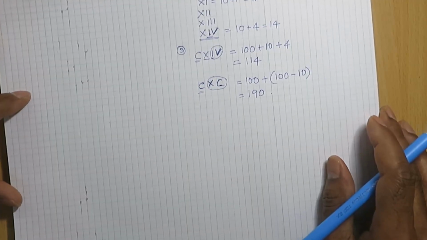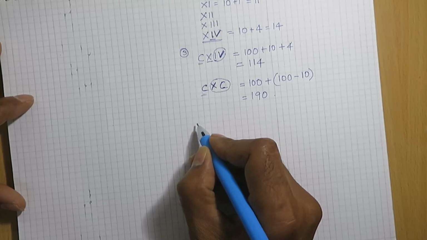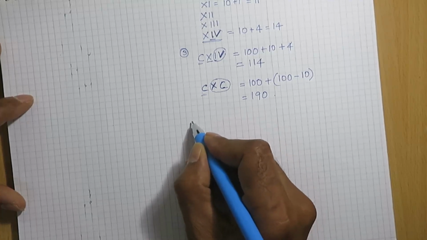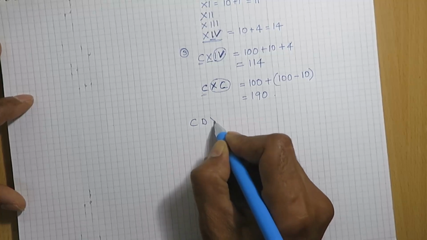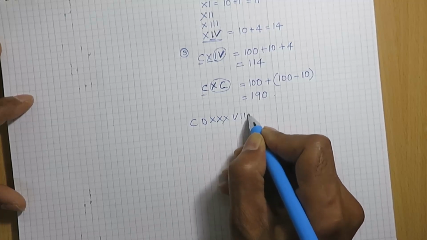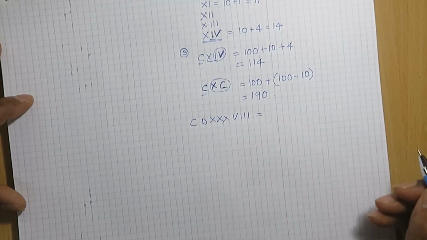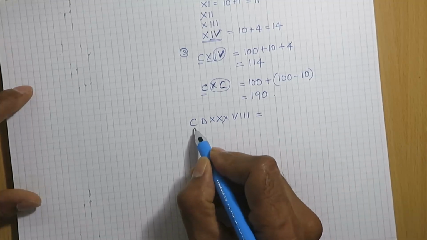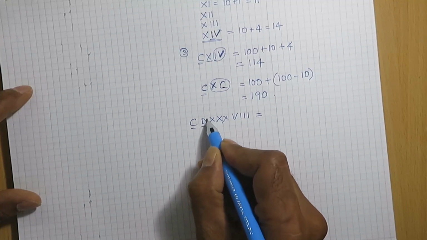So we can just practice writing some large numbers in Roman numerals. For example, there is one number, CDXXXVIII. Now you can see that this is a smaller numeral, this is a larger numeral, so they will be together.